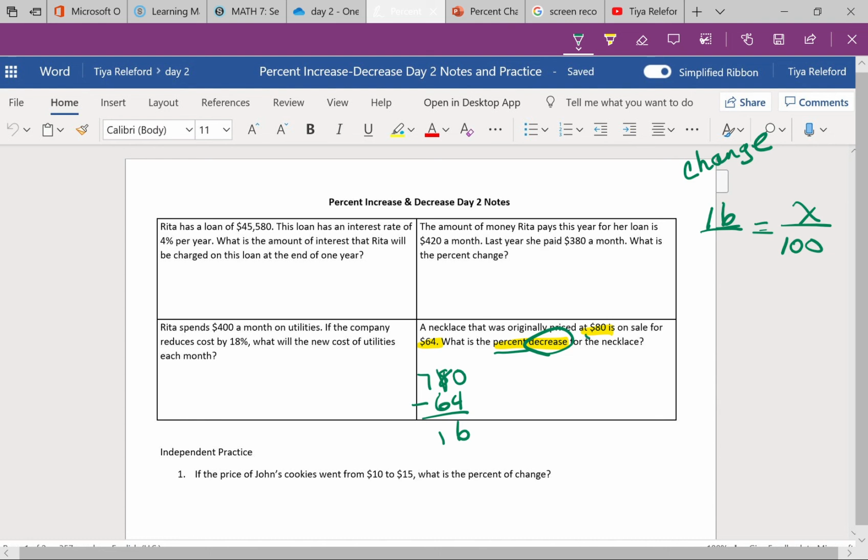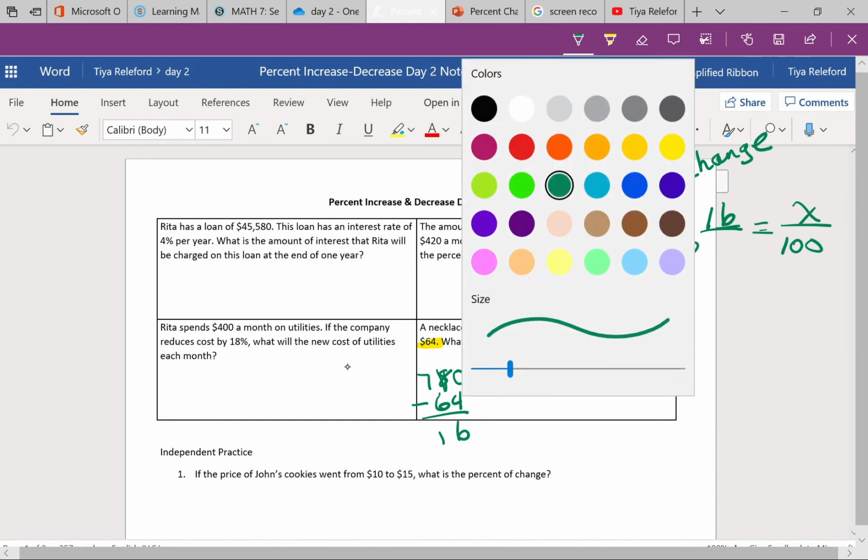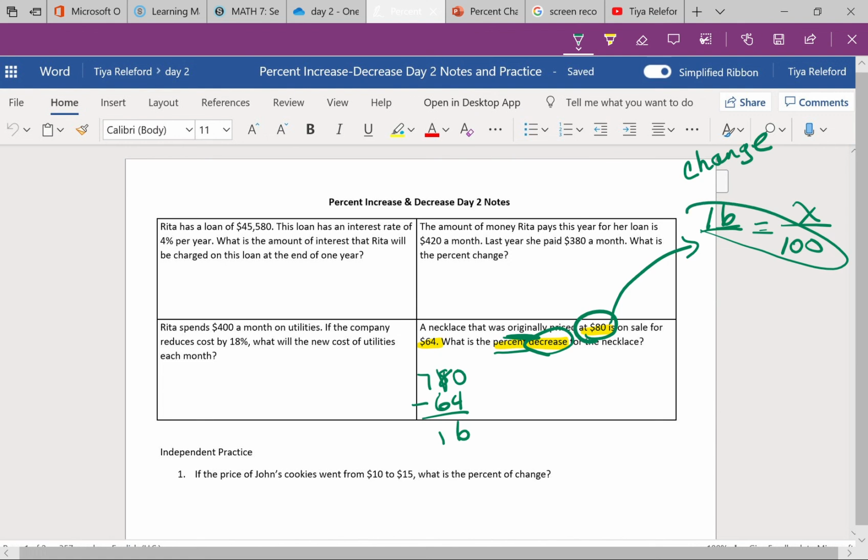Now, 80 is your original. So 80 goes down here. And then you want to solve. 16 times 100 and 80 times x.